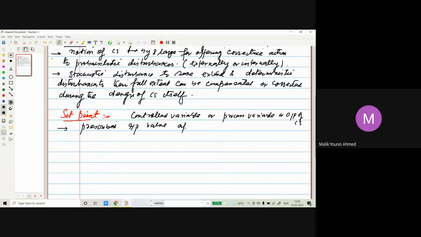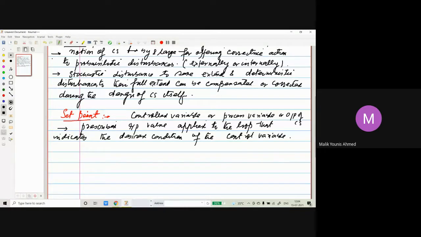It is applied to the loop that indicates the desired condition of the control variable. Feedback loop, I will be talking more. I'll talk about the loop again. This loop will come again and again. See, loop, first of all, let me tell you what basically this loop looks like.